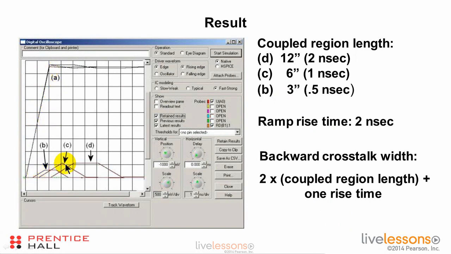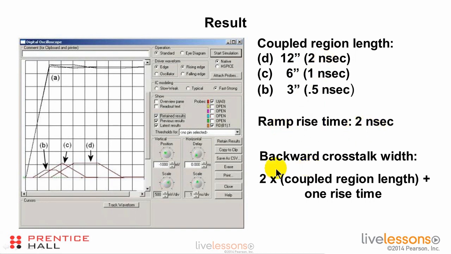We have the results of 3 different simulations, and those 3 simulations involve 3 coupled lengths: 3 inches, 6 inches, and 12 inches. 3 inches is half a nanosecond. 6 inches is 1 nanosecond. And 12 inches is 2 nanoseconds. And again, the ramp rise time is 2 nanoseconds.